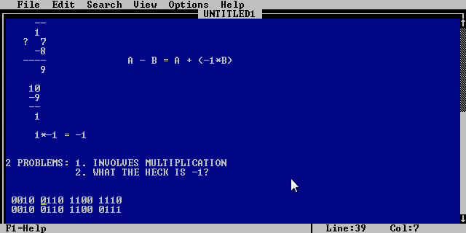Well, what you would have to do in order to determine the bigger of the two is start from left to right. And if you're lucky, you're going to hit a 1 on one of these guys first, and then you can say, okay, that's bigger. But if you're unlucky, like in this case, everything's matching, so you keep going and keep going.